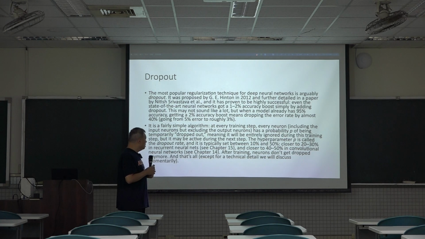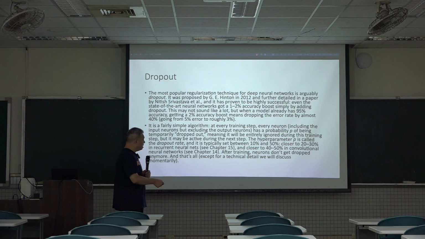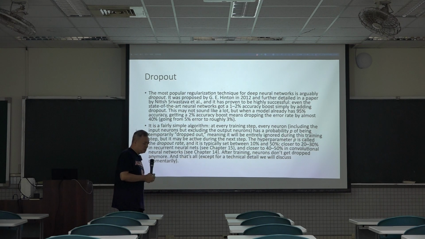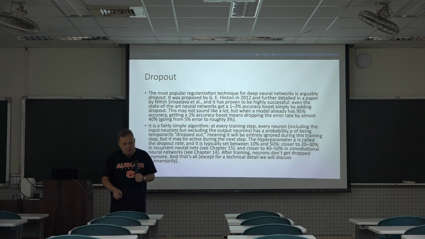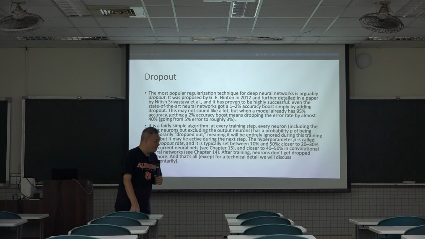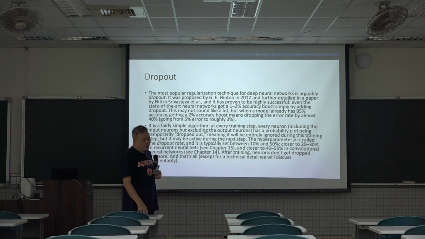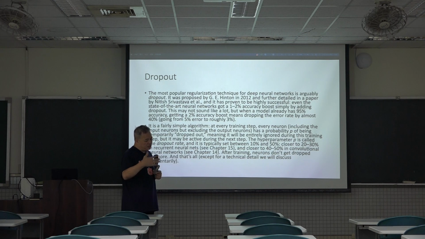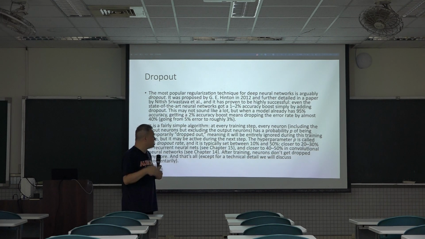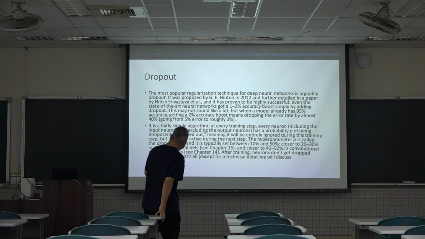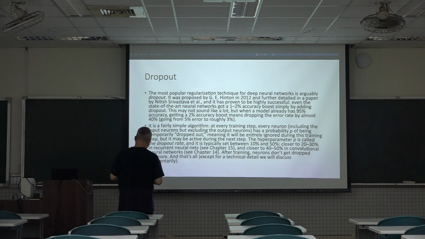If this neuron throws a dice and the outcome is lower than this probability P, for example, say the probability P is 50%, and the dice has points from 1 to 10. As long as you are lower than 5, you have a 50% chance to get lower than 5 points, right?